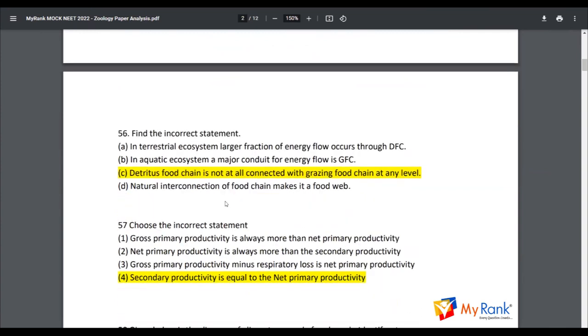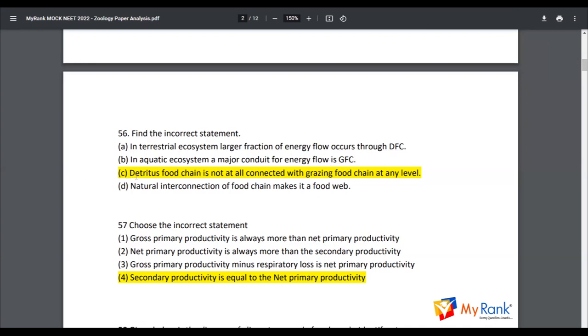Question number 56. Again, the incorrect statement. Option A states that in terrestrial ecosystem, a larger fraction of the energy flow occurs through the detritus food chain, which is correct. Then option B states that in aquatic ecosystem, the major conduit of energy flow is the grazing food chain, which is correct.